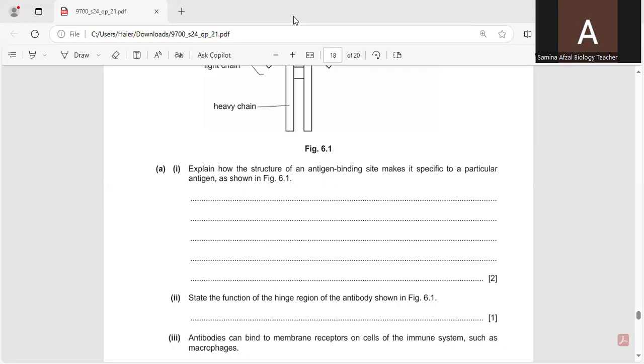So the antigen binding site has a complementary shape.